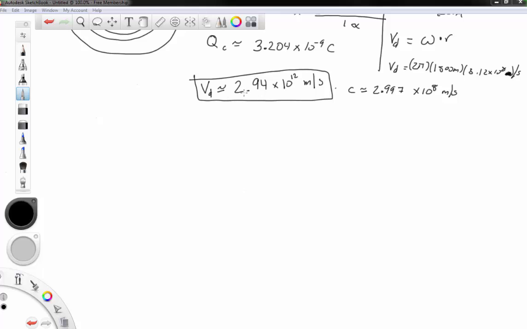Well, this is the speed that we'd need for one. This is the maximum speed we can have. So let's assume that we can accelerate to, let's say, 2.99. So we're basically going to truncate this speed off at 2.99 times 10 to the 8 meters per second.